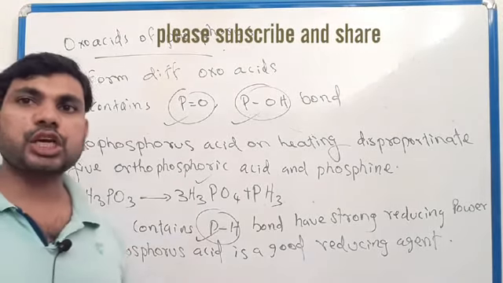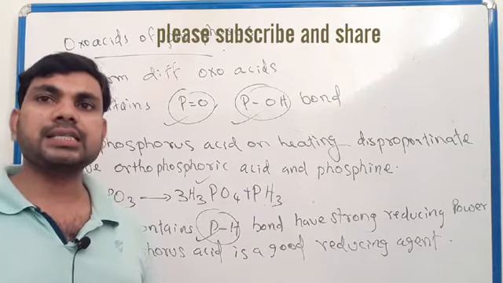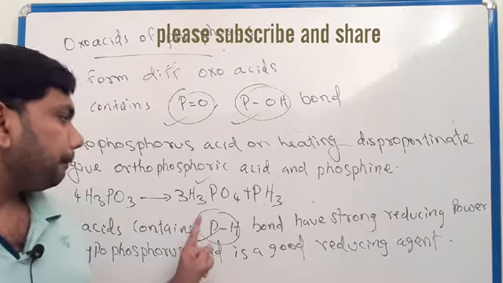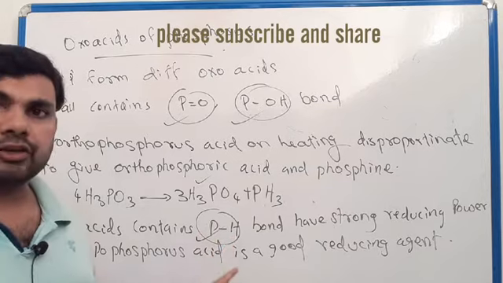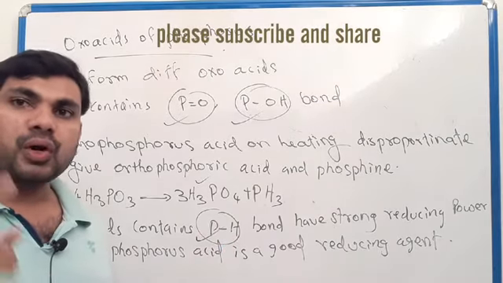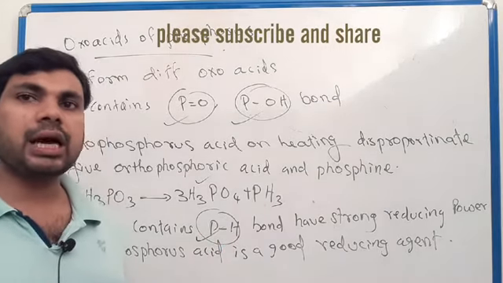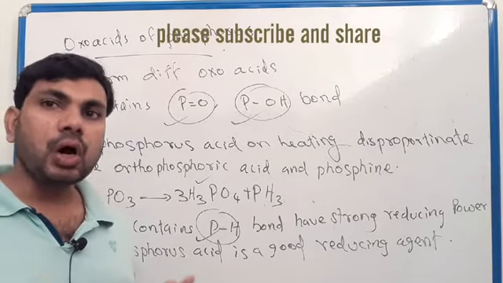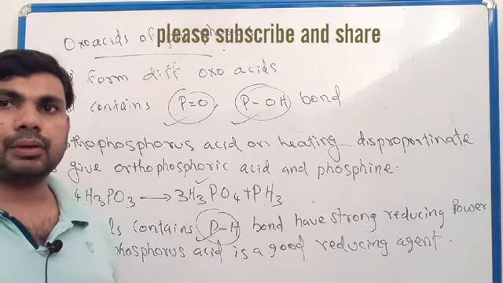You can see the structure: hypophosphorus acid contains 2 phosphorus single bond hydrogen, and it acts as a strong reducing agent.